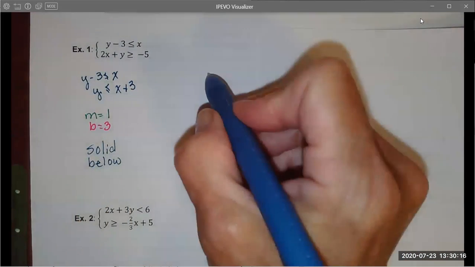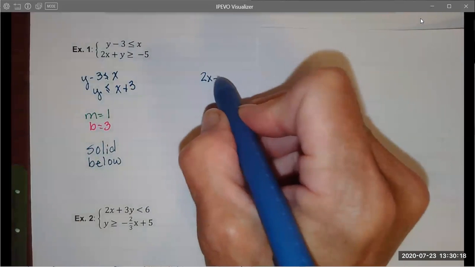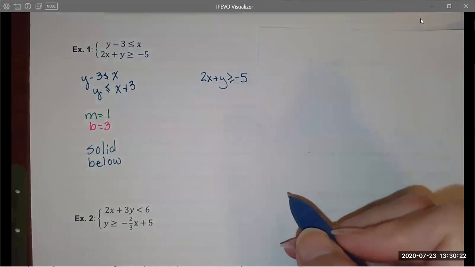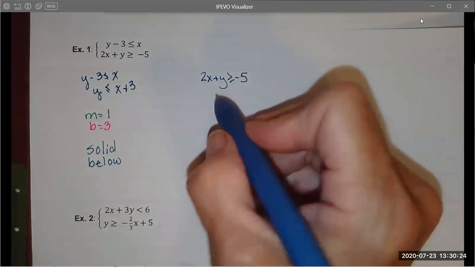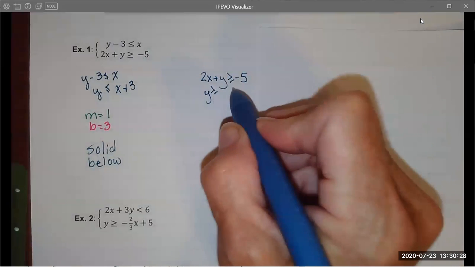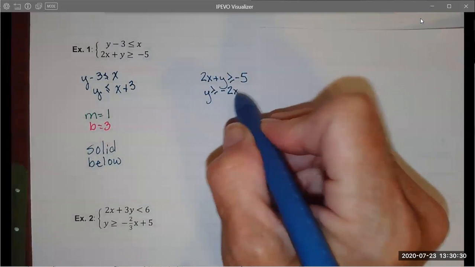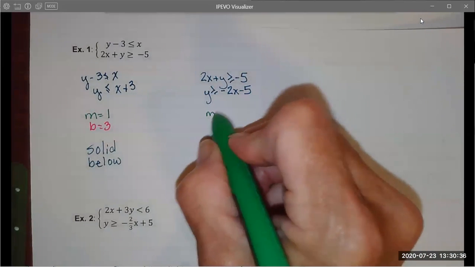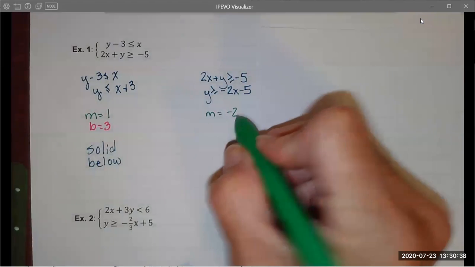I look at my next equation. It is not in slope-intercept form either. I'm going to subtract 2x from both sides. So again, no need to worry about flipping. And this is my slope-intercept form. Try to identify the slope, which is -2.